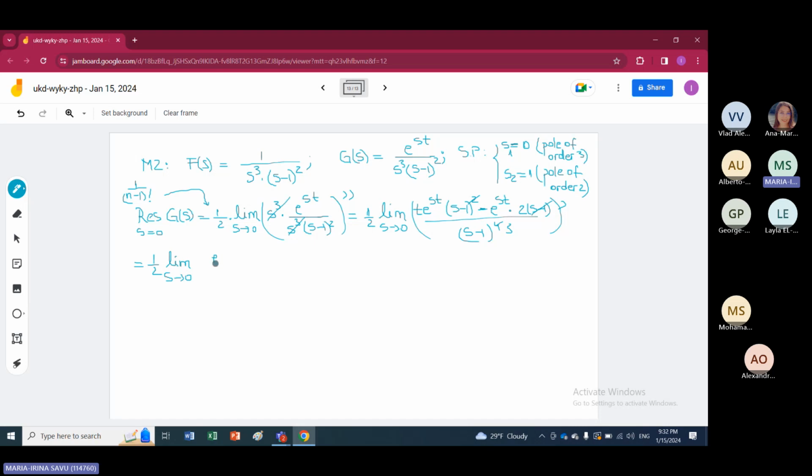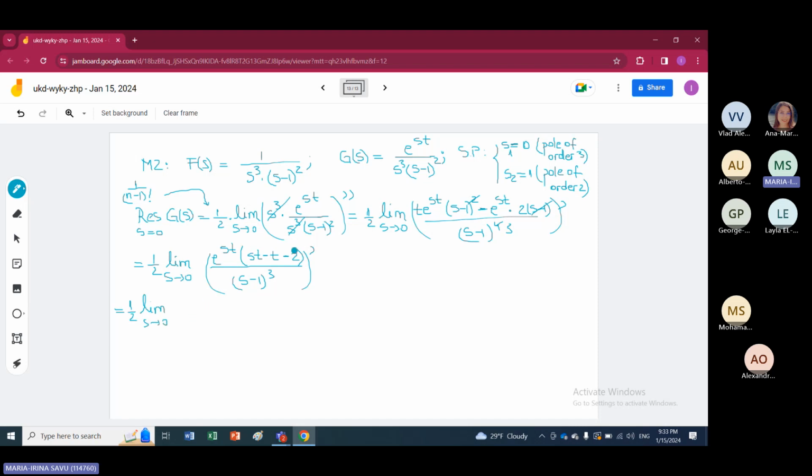So we have e at st times (st minus t minus 2) over (s minus 1) cubed. And this is 1 over 2 times the limit when s goes to 0.